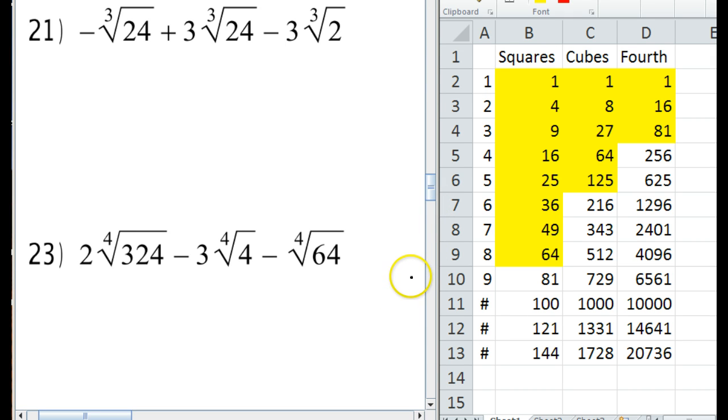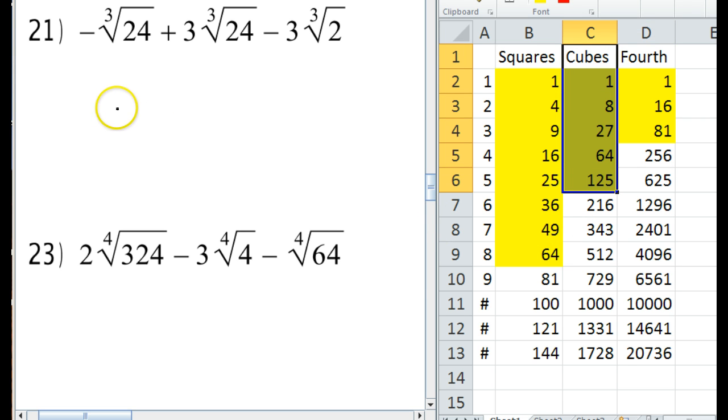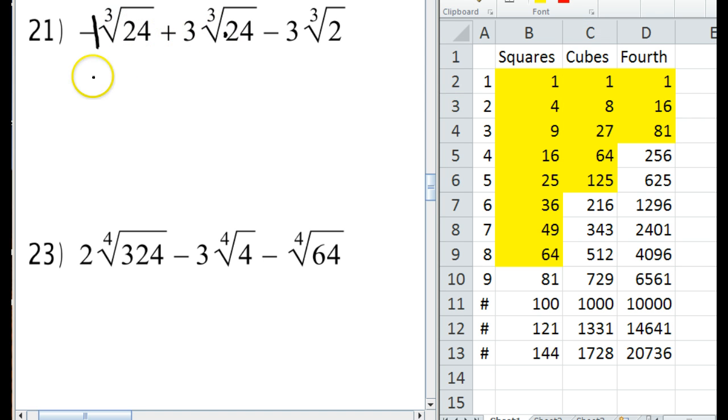Kind of handy to have this when needed. So we want to reduce these as much as possible so they match. They actually already match a little bit since they're the same here. Actually, I might reduce these as they are.